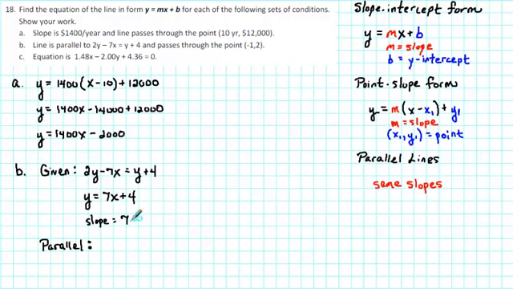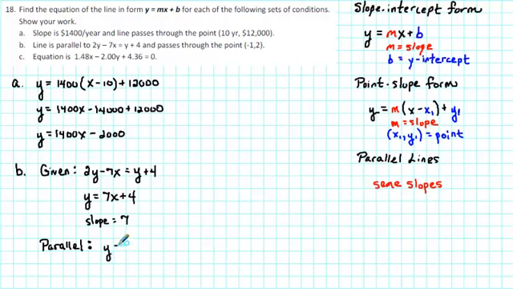Okay, since the slope of the given line is 7, we know that the slope of the parallel line is also 7. We also know that the parallel line passes through the point negative 1, 2, so we're going to go ahead and use the point-slope form.